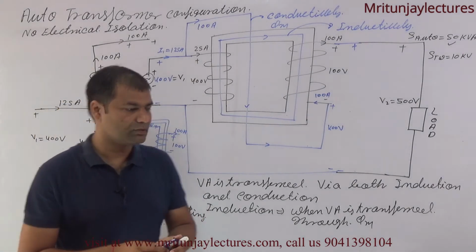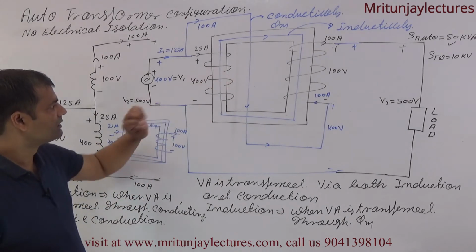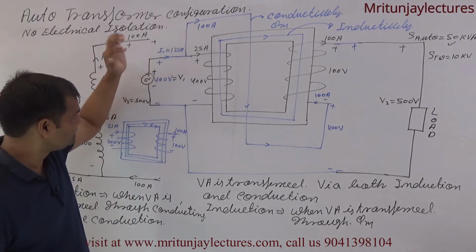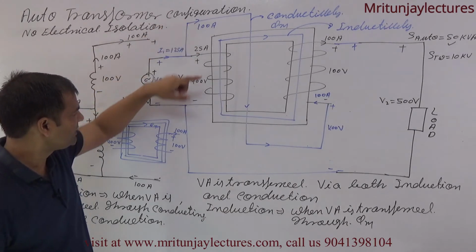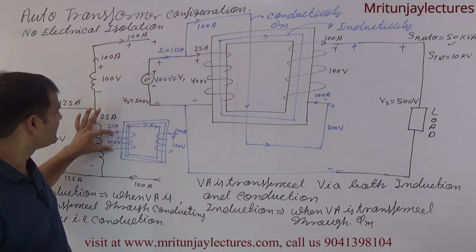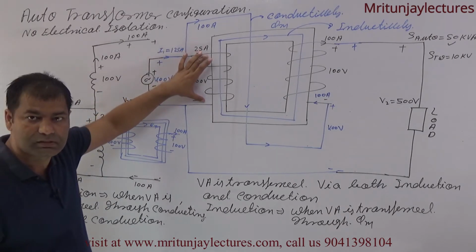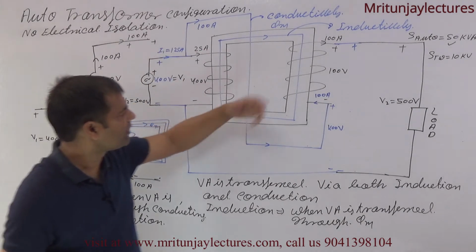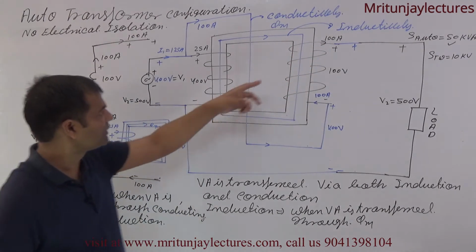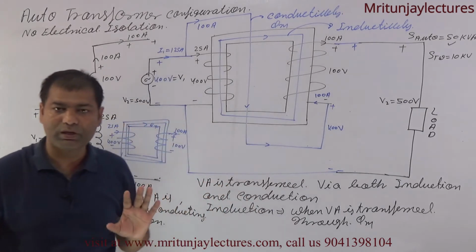Okay. Now in both cases the current going through the winding is 25 ampere in the primary side, both same. What about voltage? Primary side voltage in the winding is the same, and output voltage in the winding, 100, is the same. And what about current? Is same. It means overloading is possible?